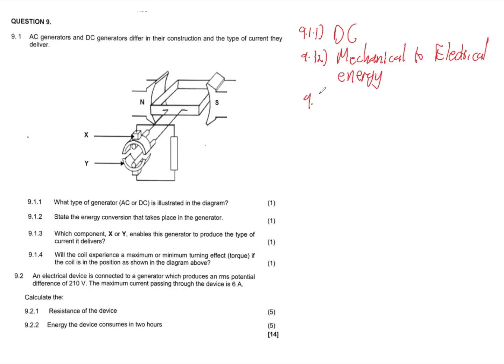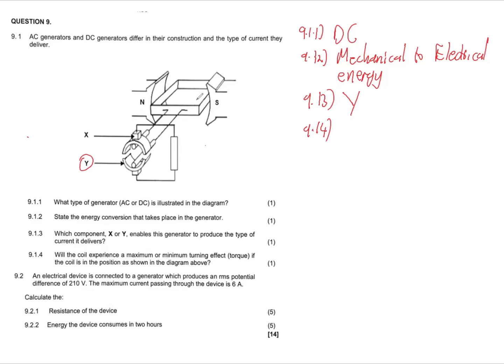And then 9.1.3, which component, X or Y, enables this generator to produce the type of current it delivers? The type of current that is being delivered by this generator is direct current. Which component is responsible for that? It is obviously the split ring commutator. So the split ring commutator is being represented by the letter Y. And then 9.1.4 says, will the coil experience a maximum or minimum turning effect if the coil is in the position as shown in the diagram above?